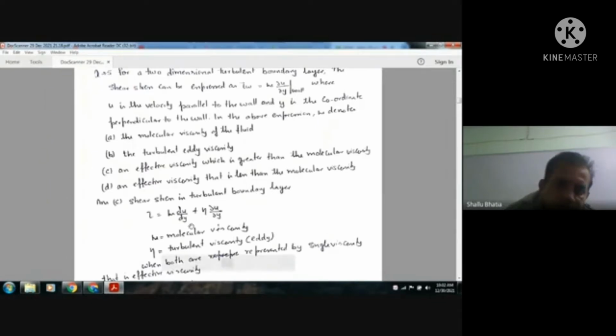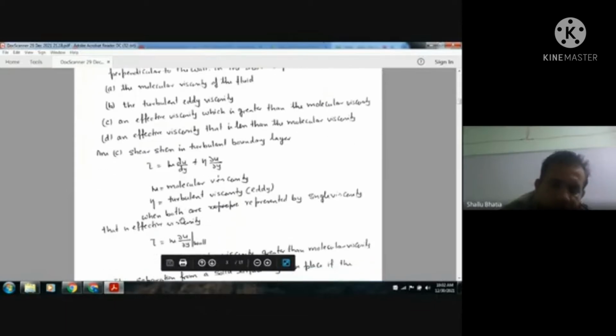In a turbulent boundary layer, the shear stress is given by mu du by dy plus the eddy term. Here mu is your molecular viscosity and this is your turbulent eddy viscosity. When we combine these two viscosities, we get the effective viscosity, and it is greater than the molecular viscosity.